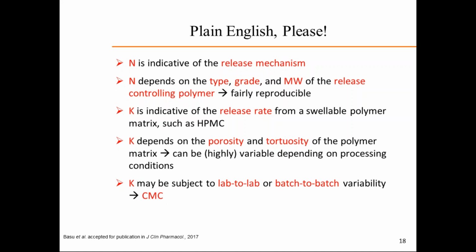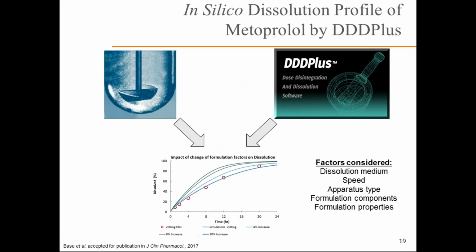And that gel performance depends on the porosity and the tortuosity of the polymer matrix, which can be highly variable depending on the processing condition you are using, like what kind of temperature, what kind of humidity, or what kind of excipients. So depending on that processing condition, your K might be variable, and that might change the dissolution profile, which ultimately can cause differences in the PK parameters like AUC and Cmax.